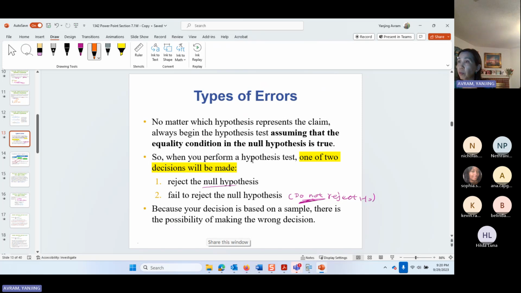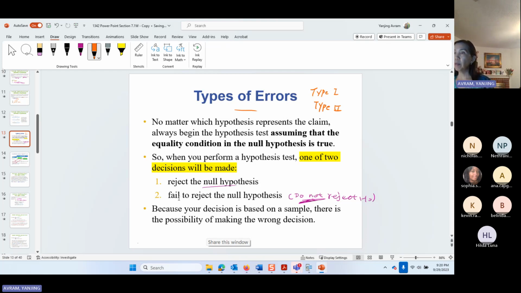So when you perform a hypothesis test, one of two decisions will be made. That is quite a mouthful. I usually like to compare this: we have a type 1 error and a type 2 error. So in statistics, you have these two types of error.